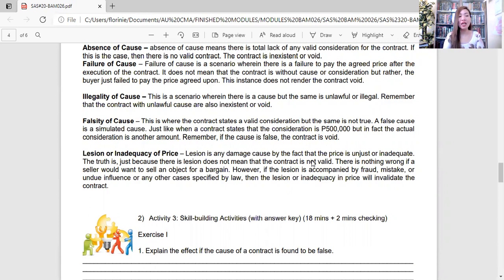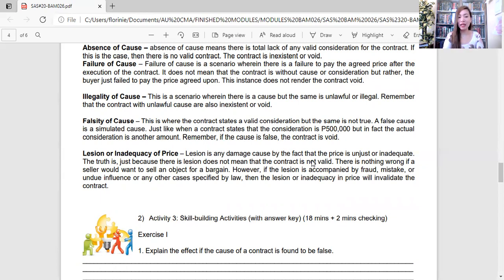Next. Lisyon or inadequacy of price. Kung sabi natin lisyon, para bang pwede namang ibenta yung isang bagay ng 1,000,000? Binenta 750,000 lang. Ibinenta 500,000 lang. Palugi. So pagka ganon, inadequate yung price, ano kaya effect nun sa contract? Depende. Depende yan.